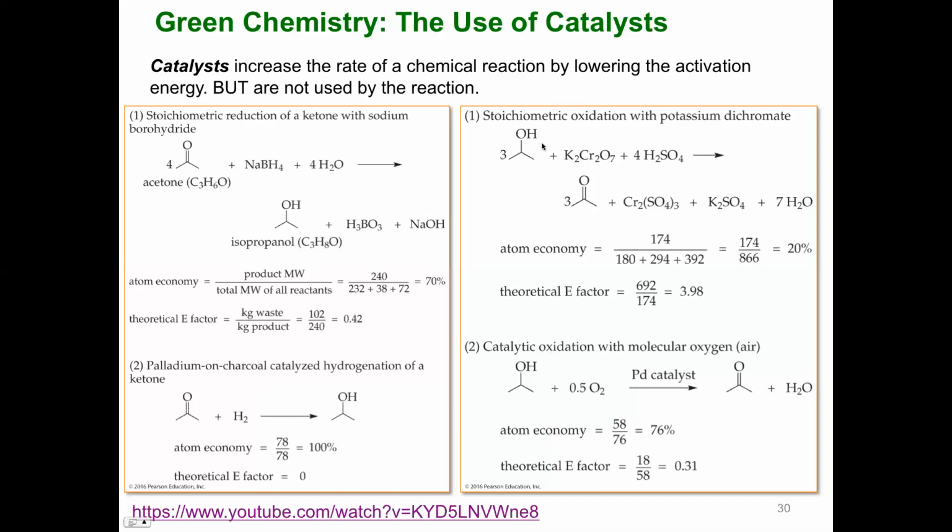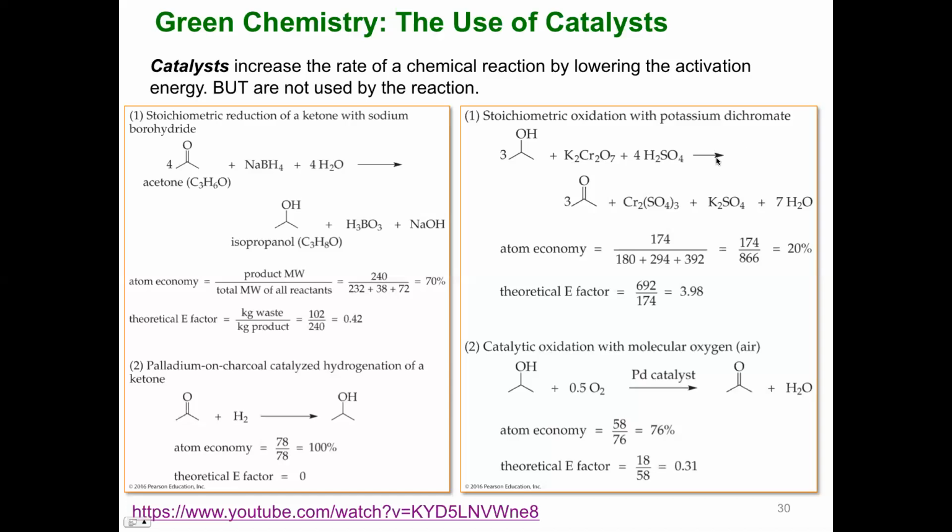Now, similarly over here, we're doing an oxidation with potassium dichromate. I'm going to guess this is what I'm oxidizing here, because I've lost hydrogen. So I've oxidized here because I've lost hydrogen.